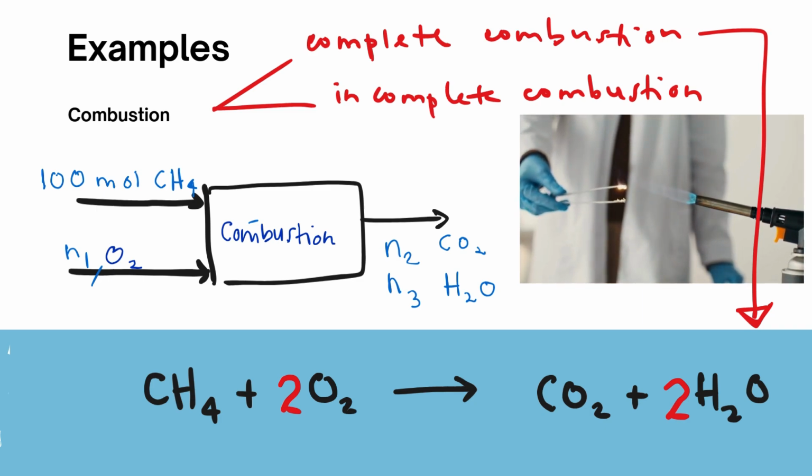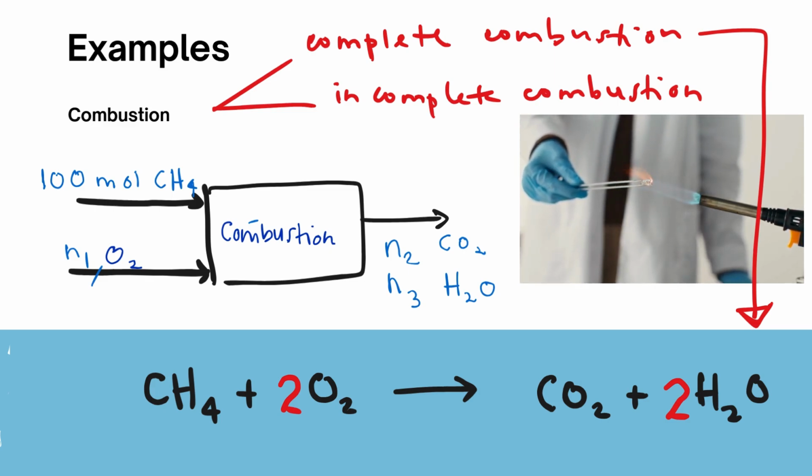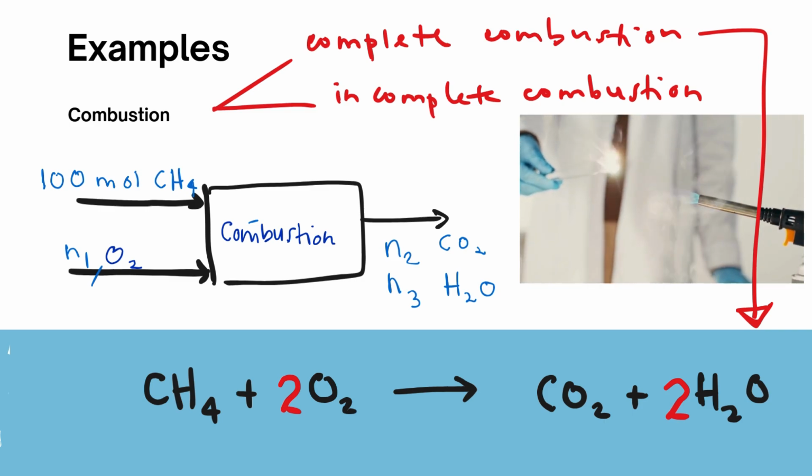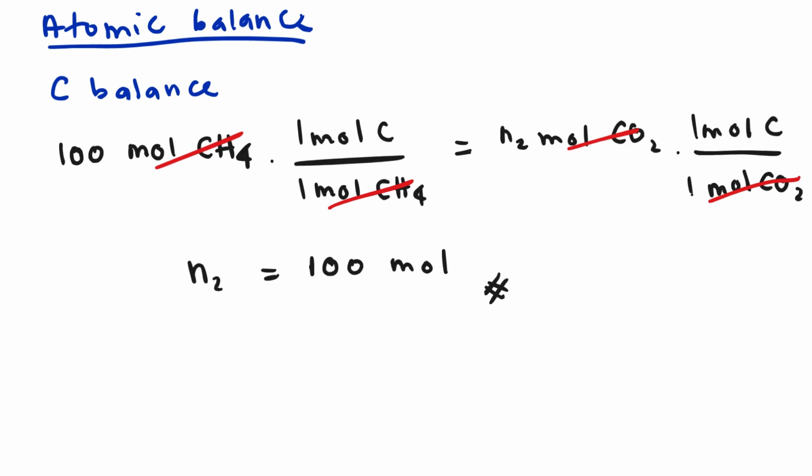For a complete combustion, we have CO2 and water as the product. For a reactive system, we can solve it by atomic balance. This is one of the methods to solve. There are a few others, but today we'll solve using atomic balance.